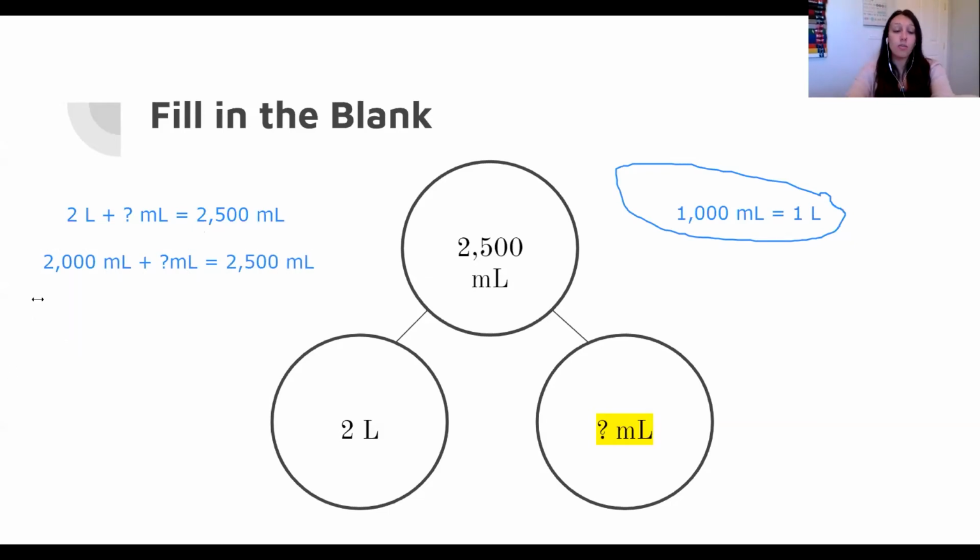Now that this is all in milliliters, we can solve, right? 2,000 plus what equals 2,500? It's going to be 500, right? So our final answer is going to be 500 milliliters, and we are going to write that right here. And that is the number that is going to go in our text box where we have the question mark.